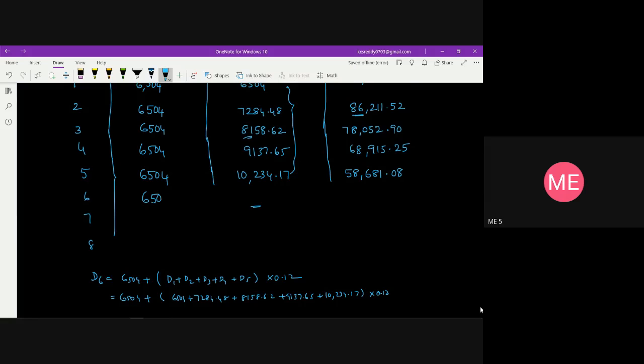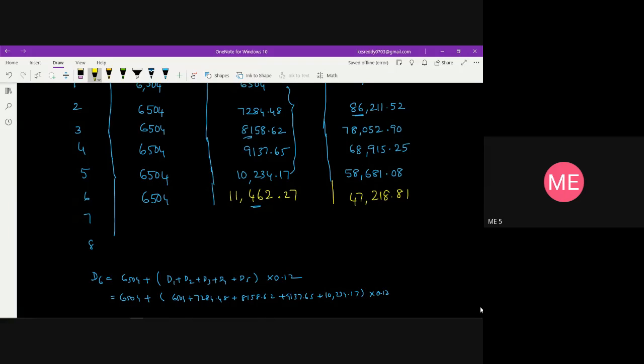That is 6504. Then I'm going to get this amount as 11,462.27. Then the book value at this year is going to be 47,218.81. So likewise, we can calculate.